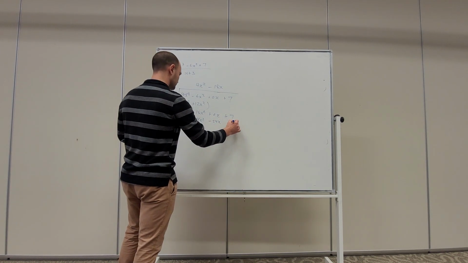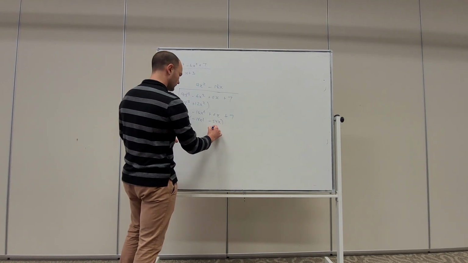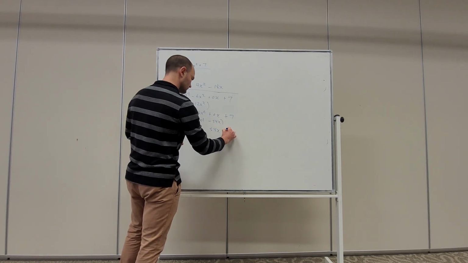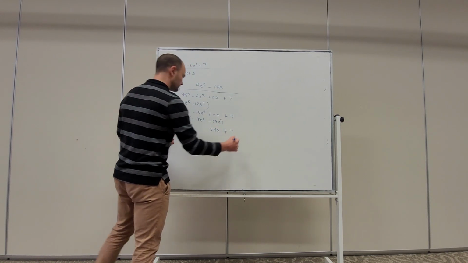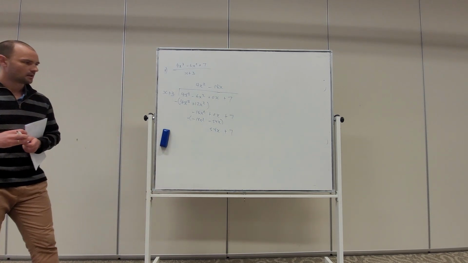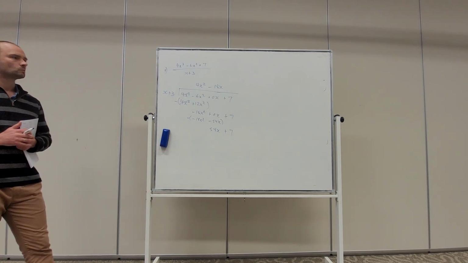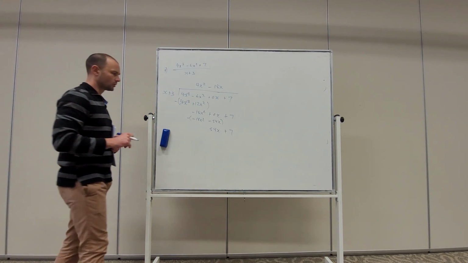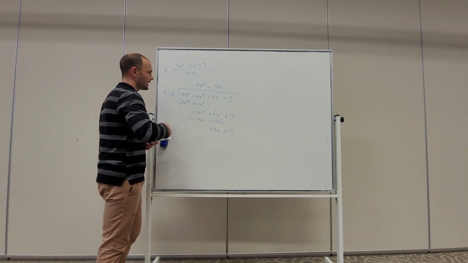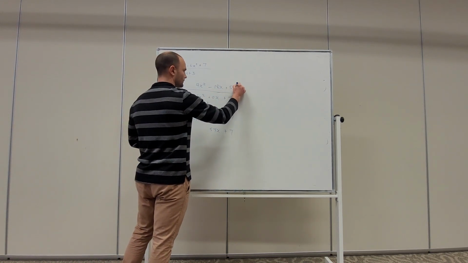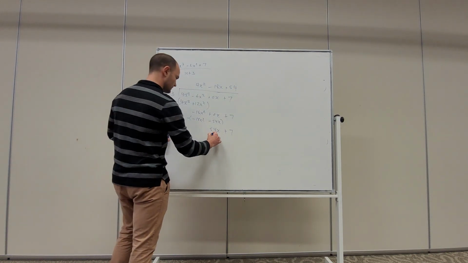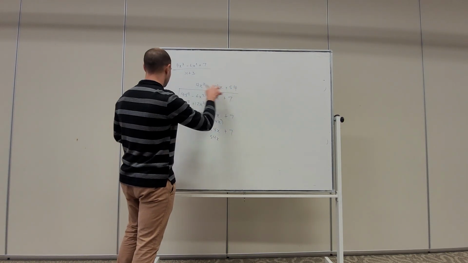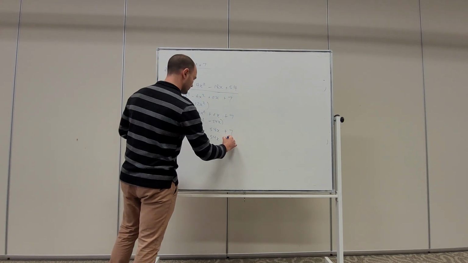Subtract it away. Okay, then what do I multiply x by to get 54x? Positive 54. 54 times 3, what's that? 162.